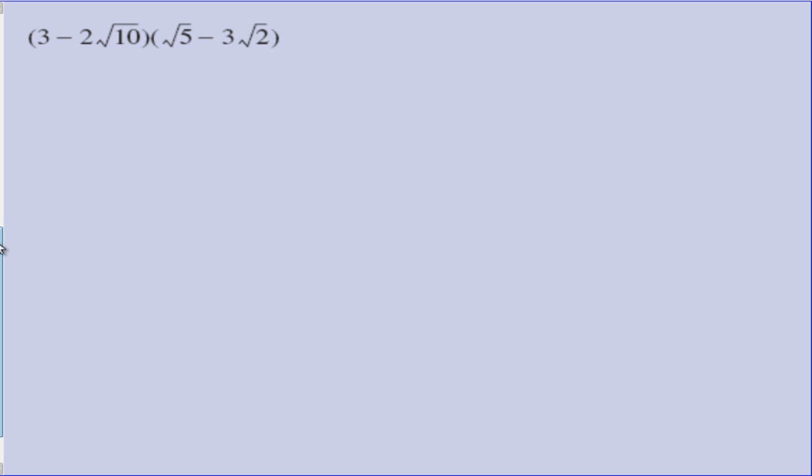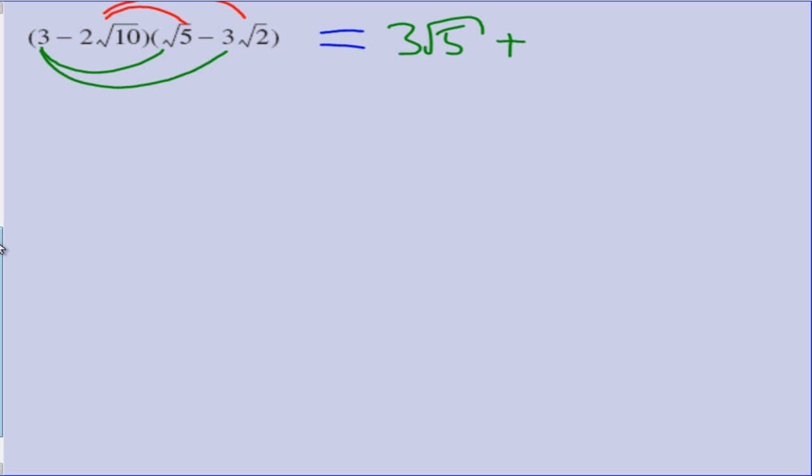First off, I'm going to put my rainbows in. I'm going to do first by first and multiply first by second. Then I'm going to have second by first and second by second equals. Now I might keep these in colour just to make it a little easier to see. We have the little one, 3 times the square root of 5, plus our big green rainbow of 3 times negative 3 root 2.